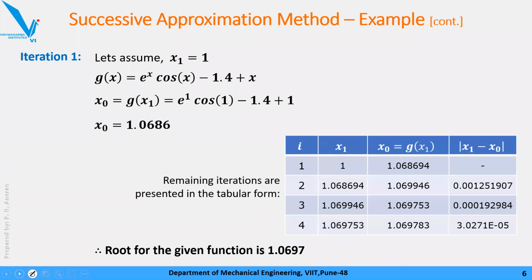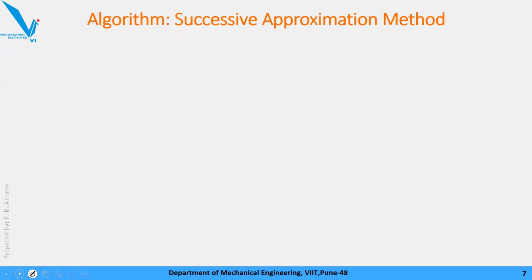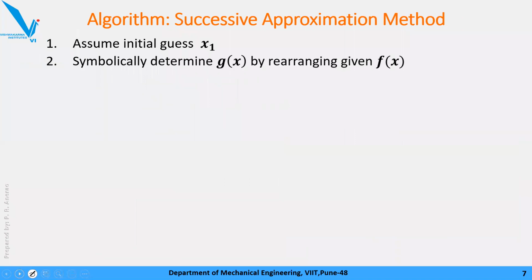Now algorithm, we will come up with the algorithm. So if there are some doubts, we will get clarification in the algorithm. So algorithm for successive approximation method. First thing, you have to assume an initial guess based on that f of x value. उसके बाद वो f of x कचरे में डाल दो, no need. Then symbolically determine g of x. That means उसको f of x का आप come up with some g of x.